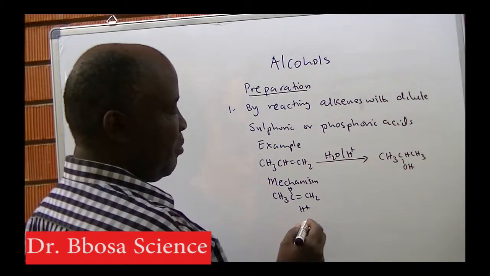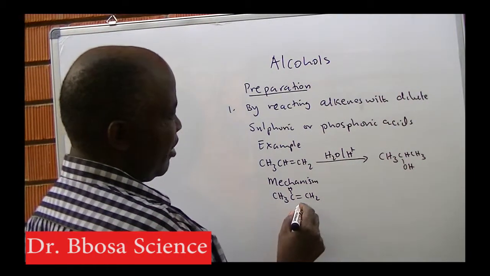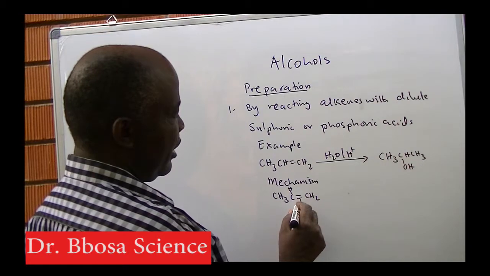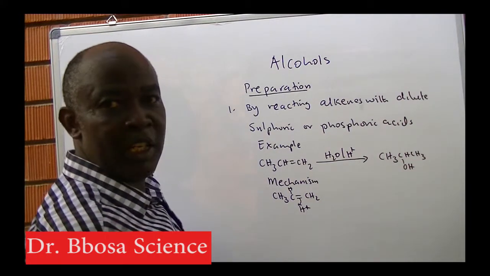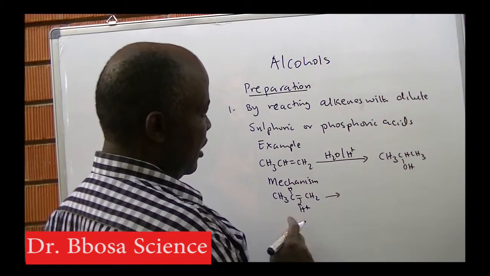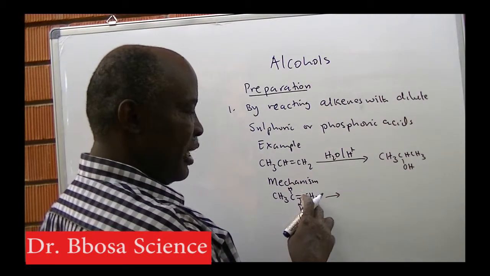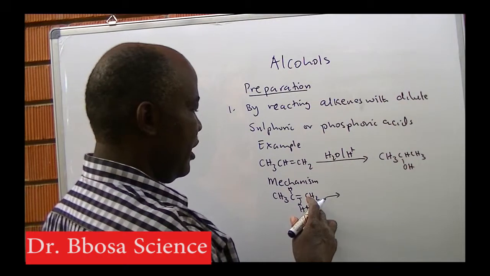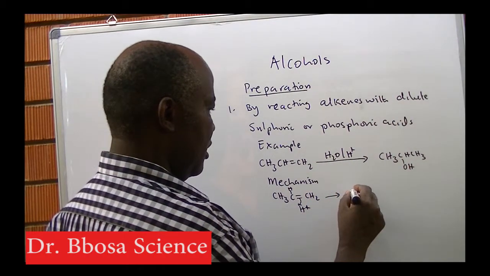One of the double bonds breaks and the pair of electrons is donated to a hydrogen ion from sulfuric or phosphoric acid. Hydrogen goes to the carbon atom with the highest number of hydrogen atoms.